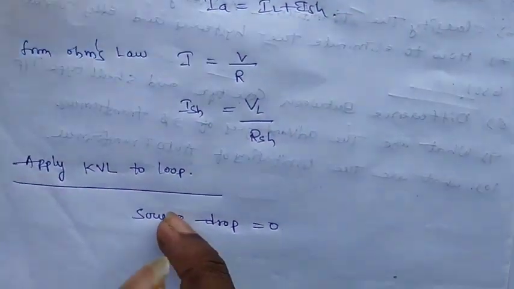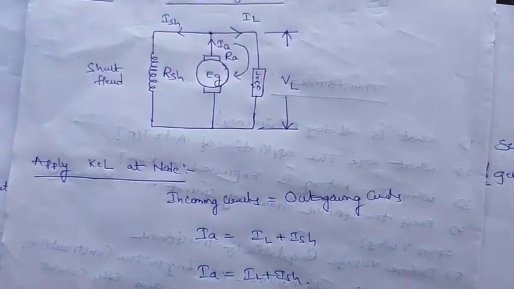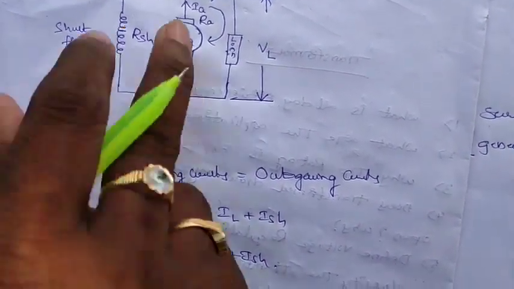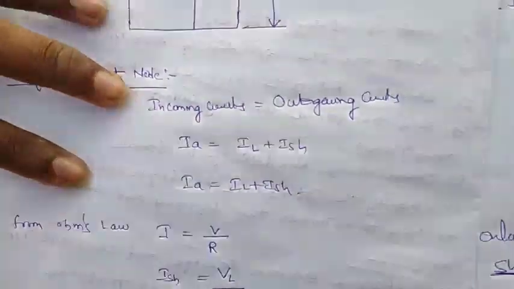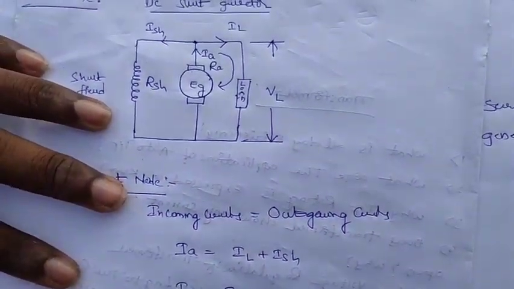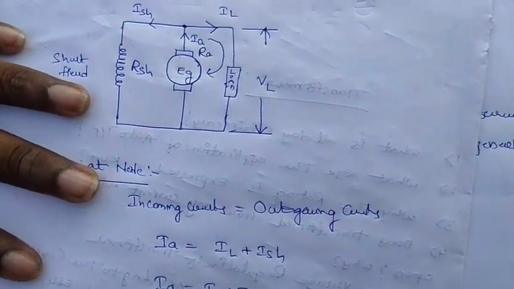Here, what is the source? Generated EMF. That generated EMF is EG. EG means generated voltage.